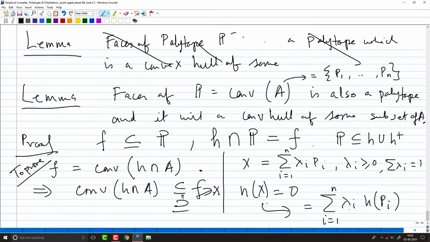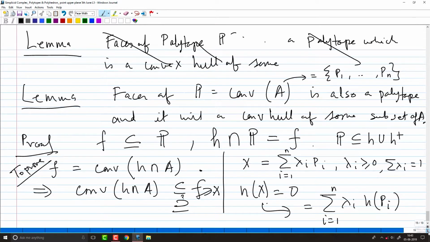Now if all the lambda i's for which Pi is not in H intersection A are 0, then the point X has to lie in the convex hull of H intersection A. So what am I claiming?